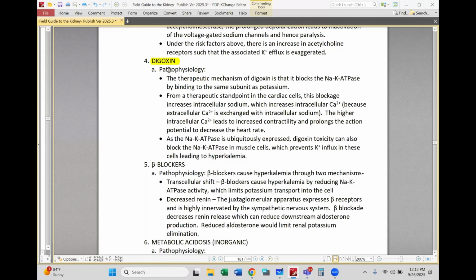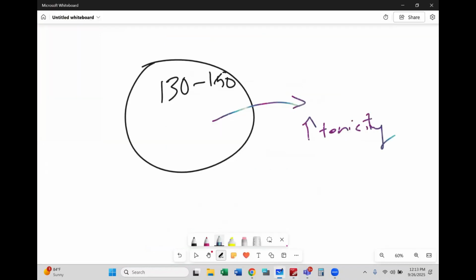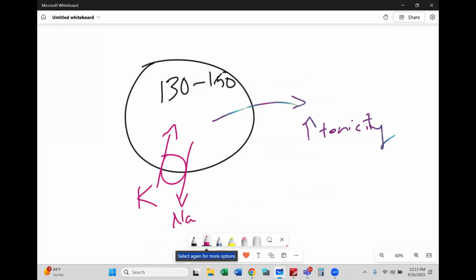Digoxin, as you recall, works by inhibiting sodium potassium ATPase activity. Okay, that's one of the mechanisms of digoxin's effect. And of course, you recall that one of the ways in which you create this very high K content on the inside of cells and a relatively high content of sodium outside the cells is through the effect of this sodium potassium ATPase, right?